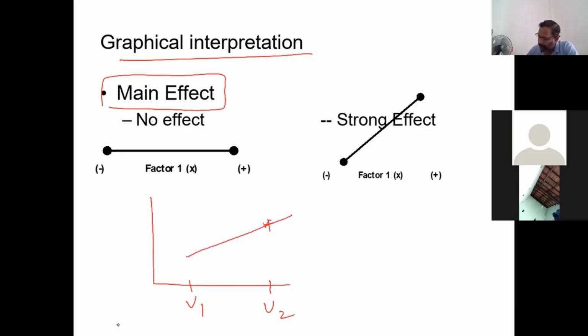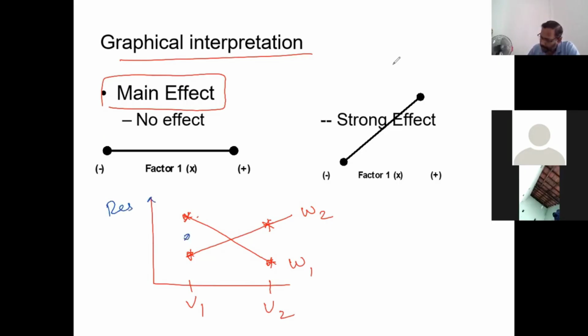These are response. Now, look at this example. I'm just showing the example of main effects. So tell me, what is the average of V1? This is the response, right?